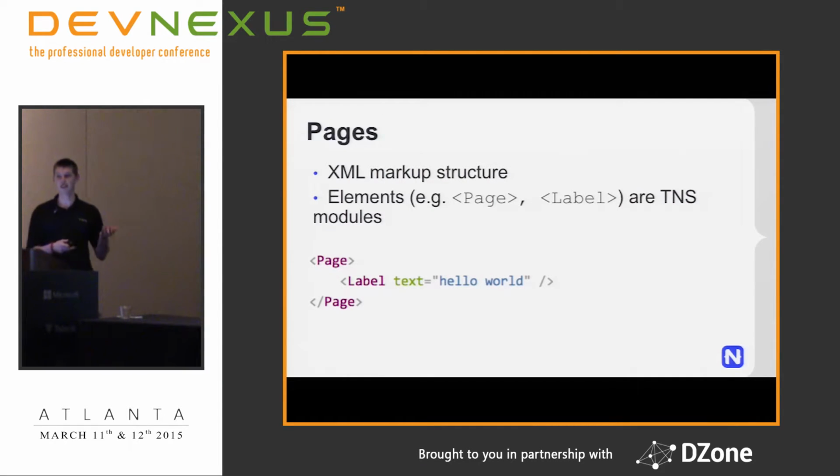And I actually think the XML structure that NativeScript uses is fairly elegant and easy to read, even on some more complex examples. Another cool thing, though, I mentioned earlier about the NativeScript runtime and how everything builds on top of it. Each of these elements that you see here, these page and label elements, are actually also NativeScript modules. So you could dive into them and find the same implementations of them.